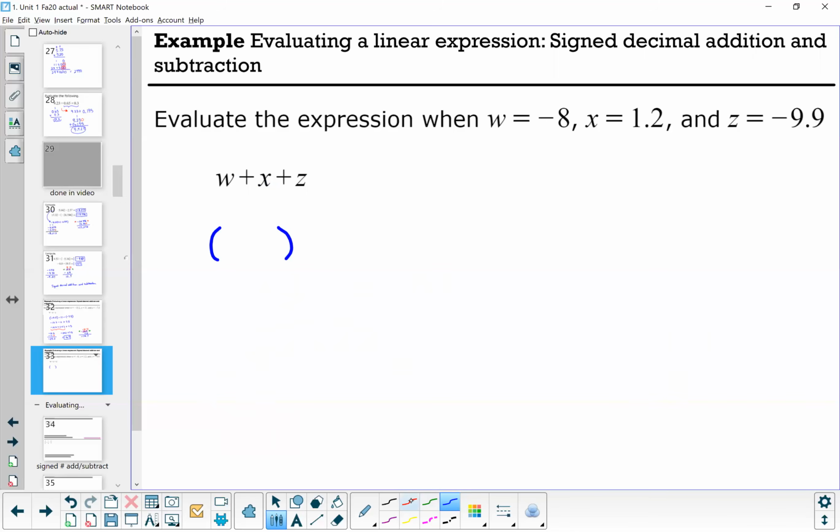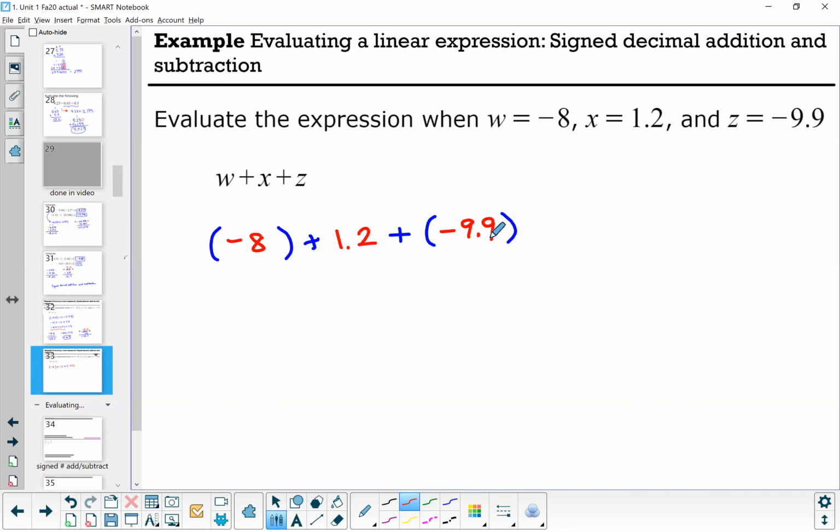So I would put parentheses, and in parentheses I'm putting negative 8. Then plus x, which is 1.2. Then plus z, I'm going to put that in parentheses because we're about to substitute a negative, negative 9.9.